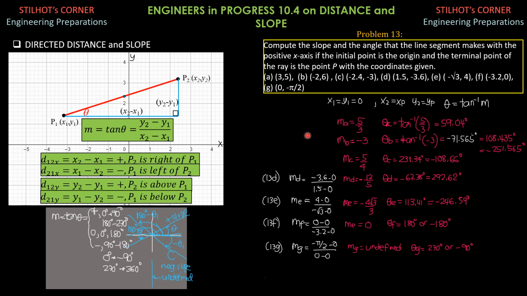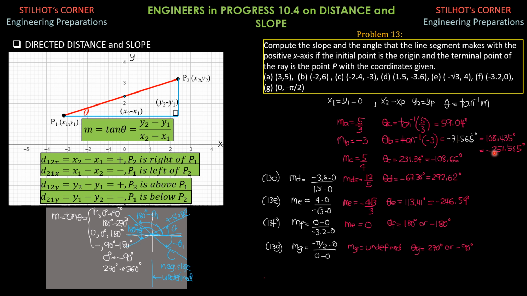Therefore, if you use your calculator, inverse tangent of negative 3 is negative 71.565, but because it is in the second quadrant, it should be added to 180, or 180 degrees minus 71.565, which is 108.435 degrees in standard position.